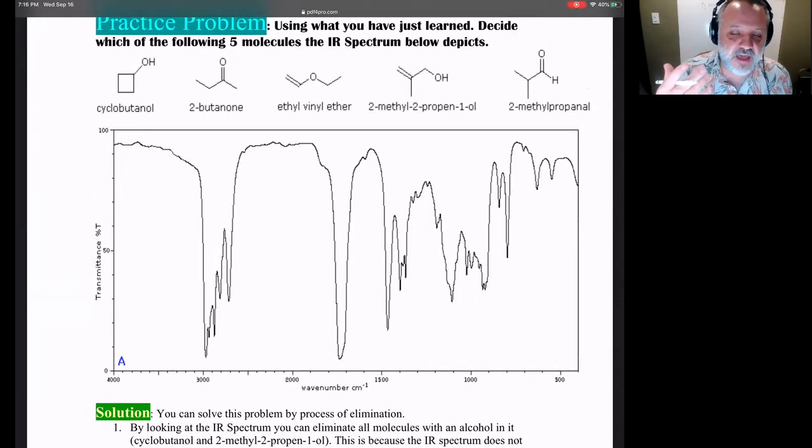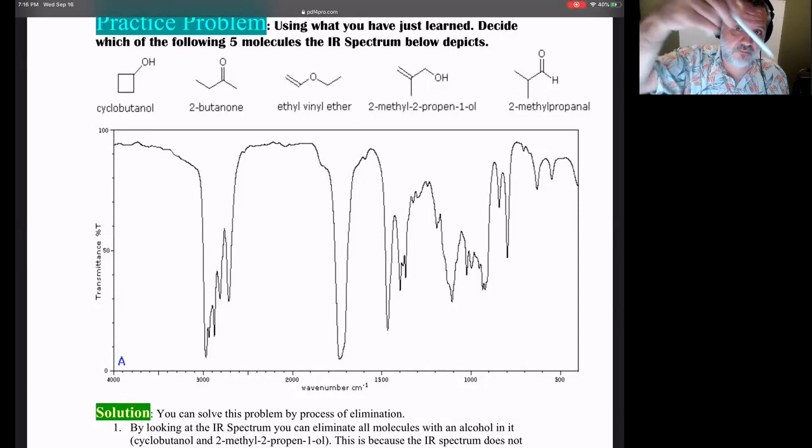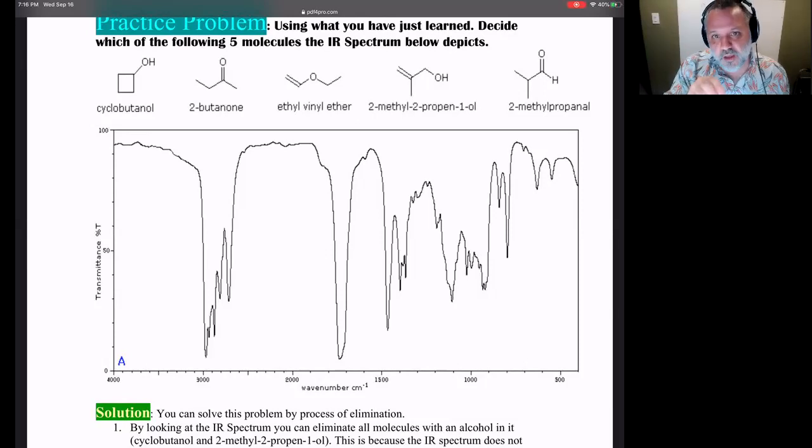Does it have that really broad OH stretch left of 3000? Do you see that? I can't draw on it, but if you look to the left, right down there, there really isn't that really broad, large dip that signifies an OH. So we can get rid of cyclobutanol and 2-methyl-2-propene-1-ol.